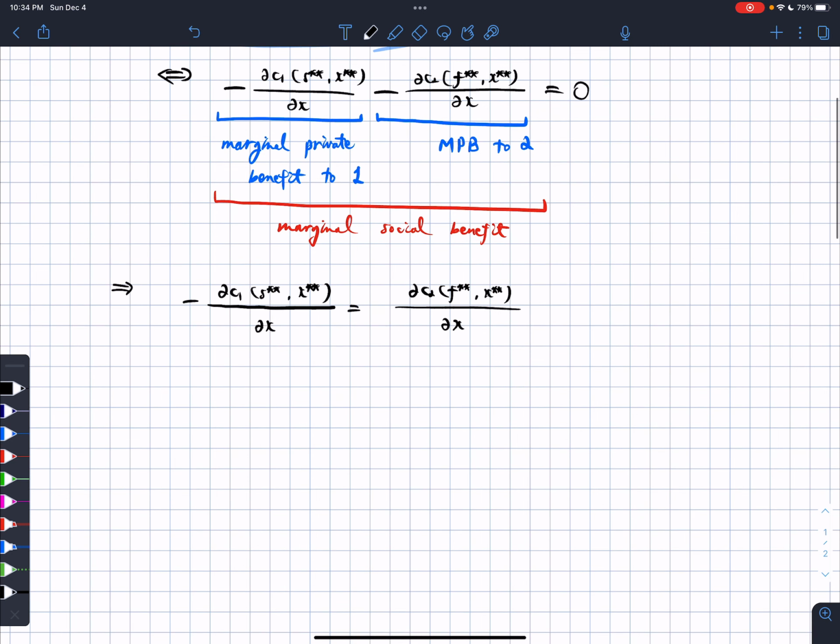Okay, so here now remember this is the cost, and remember that as x increases, firm 2's cost of producing fish actually increases, right?